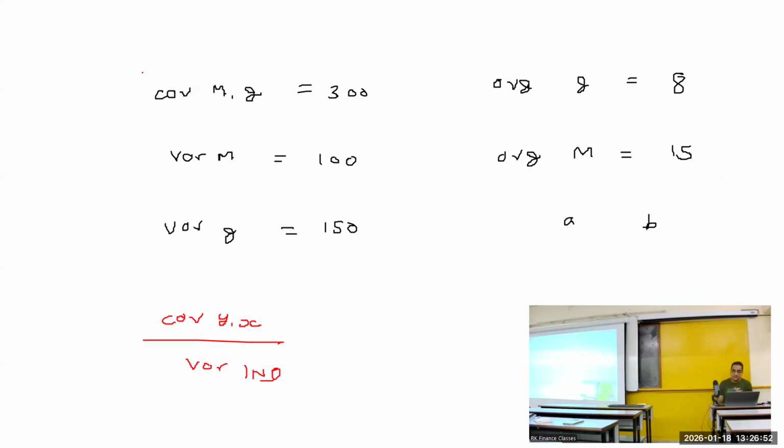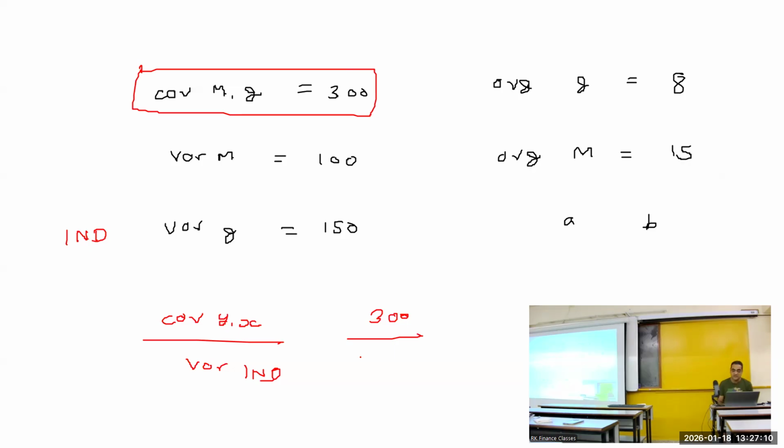So covariance is only one, 300, there is no tension there. Divided by variance of X, and there are 2 variances, so we should know what the independent variable is. Market depends on GDP, or GDP depends on market? Market depends on GDP. So GDP is independent. So 300 upon 150. That's the value of B, which is going to be 2.